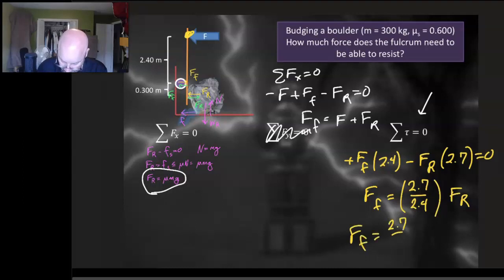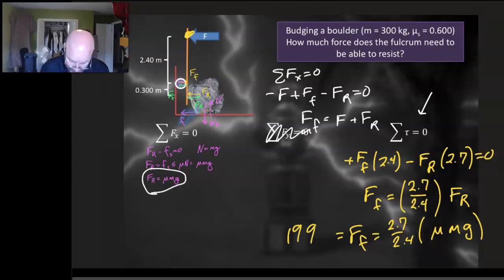So 2.7 over 2.4 times mu mg, just like that. Now if we put in our numbers, what we end up getting for the force on the fulcrum turns out to be 1990. Okay, 1990, the year I graduated from college. How about that? Okie dokie. There we go.